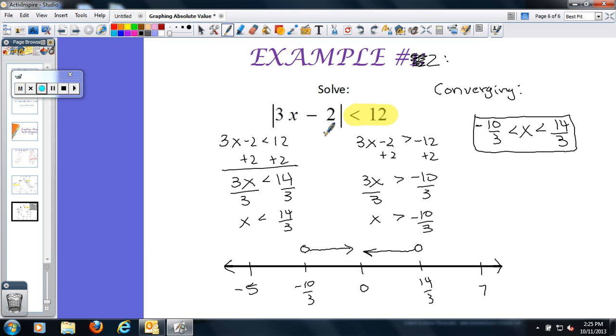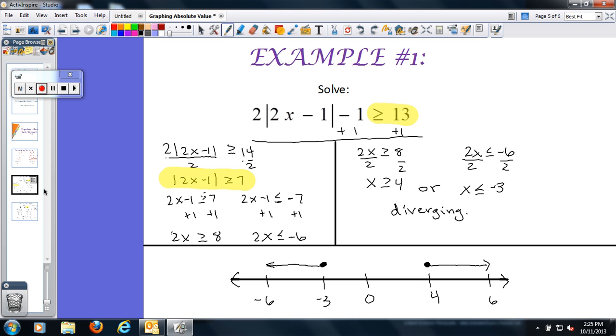Now you have to have the absolute value by itself first, because if you take an example like this, and let's say that this was a negative 2, well then when I divide, it's going to change this, which means it's no longer going to be diverging. It's probably going to end up being no solutions. So that's what you have to be careful for.